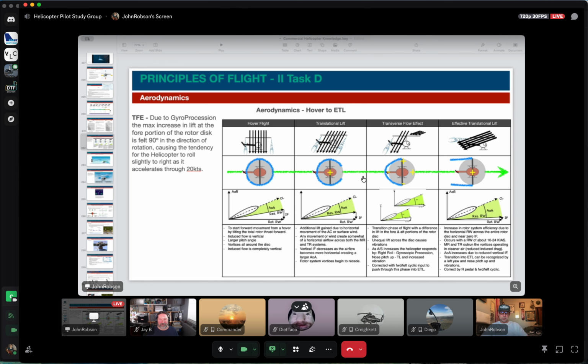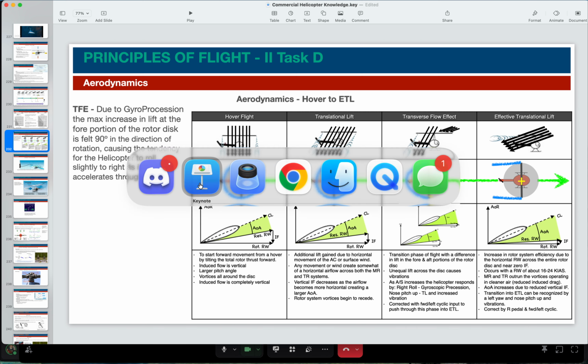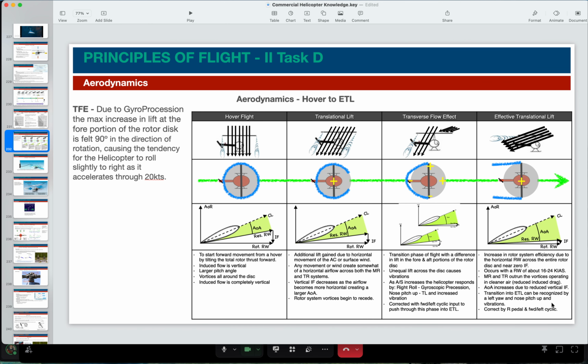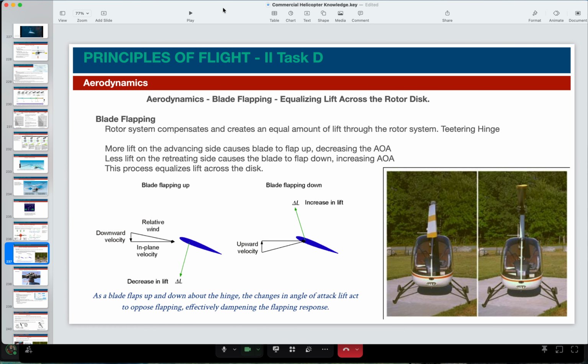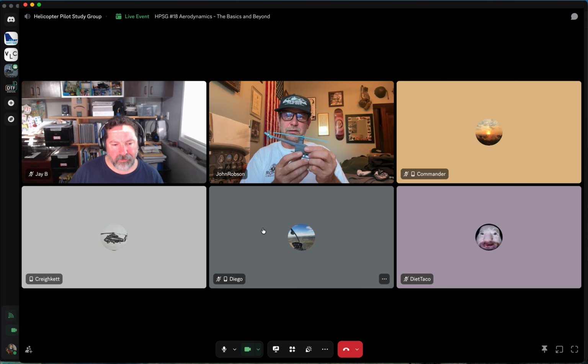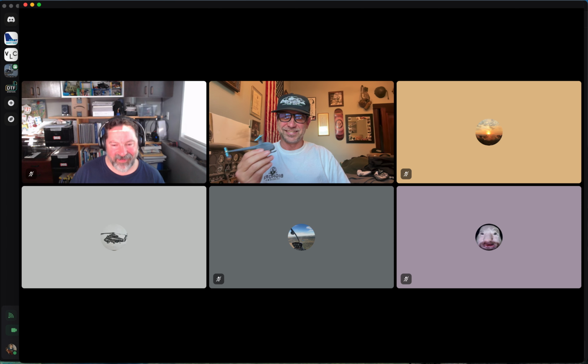From hover, transition, ETL, transverse flow into ETL, and then into V&E beyond that. And I think there's another image that actually shows V&E. I think that's the retreating blade style. That must have been someone who made that. Yeah, maybe somebody did make that, but I think it goes all the way into the retreating blade style. That might actually be mentioned in this slide, but pretty cool. And obviously a handy little tool to show that whole process too. These are great.